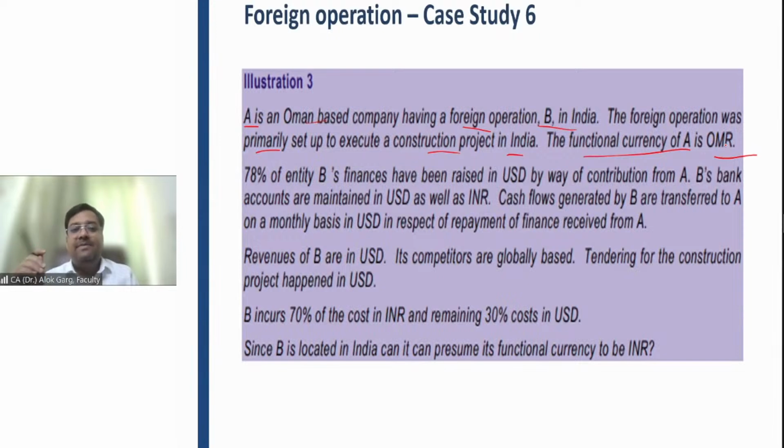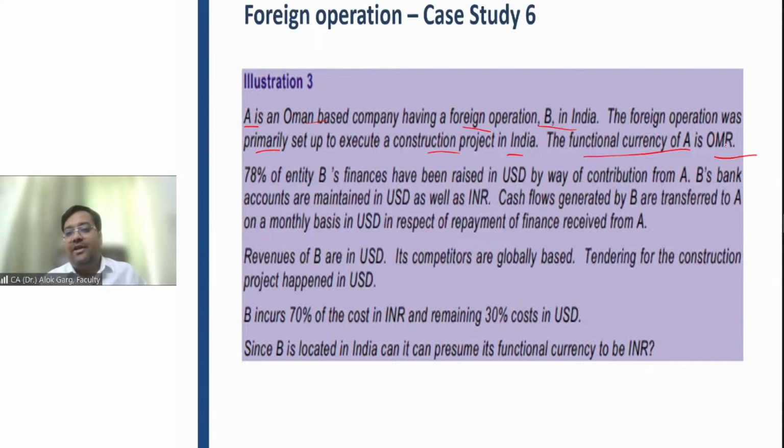B's bank accounts are maintained in US dollar as well as in INR. So basically, if I talk about financing activity, B's finances have been raised in US dollar by way of contribution from A. The bank account of B is maintained in US dollar as well as INR.